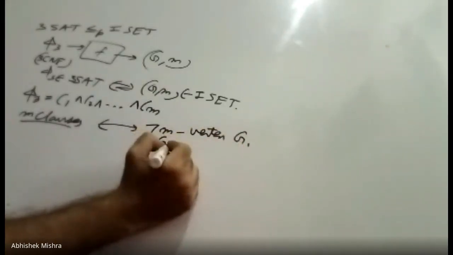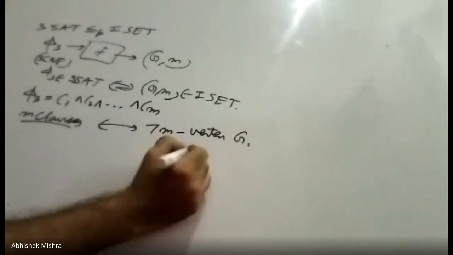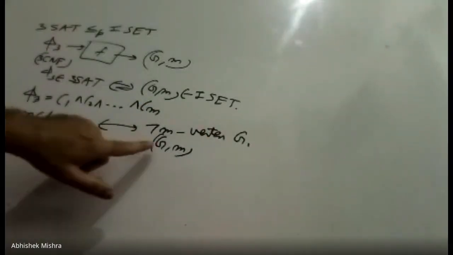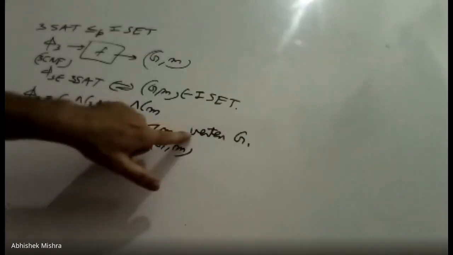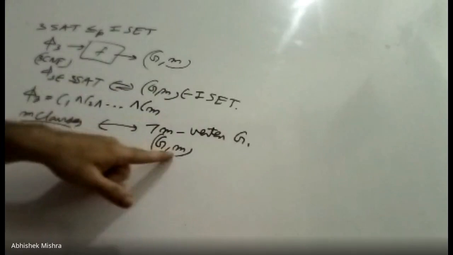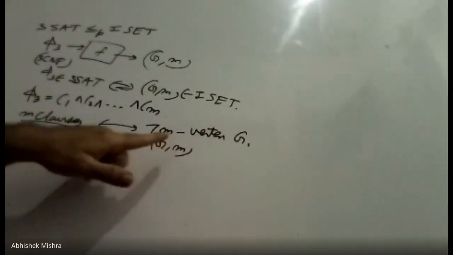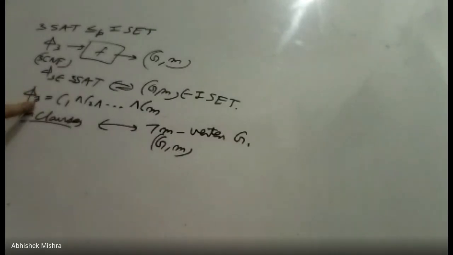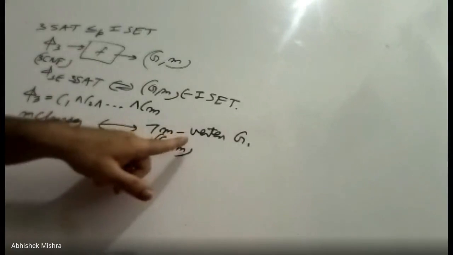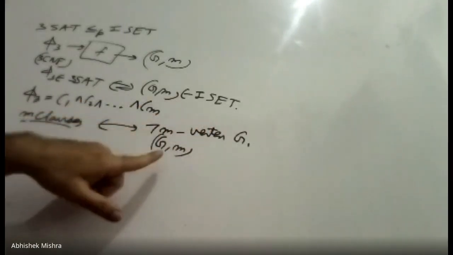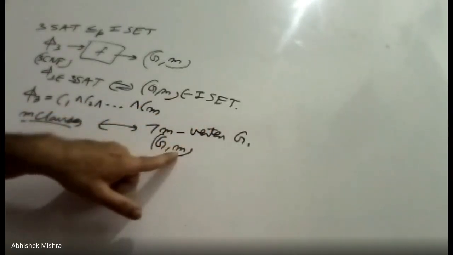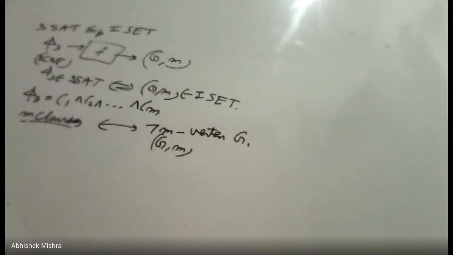So our graph will have 7m vertices, and if the input formula is satisfiable, then it will have an independent set of size m. So now how do we do this? Again, we'll take a very simple example and see how it is done.